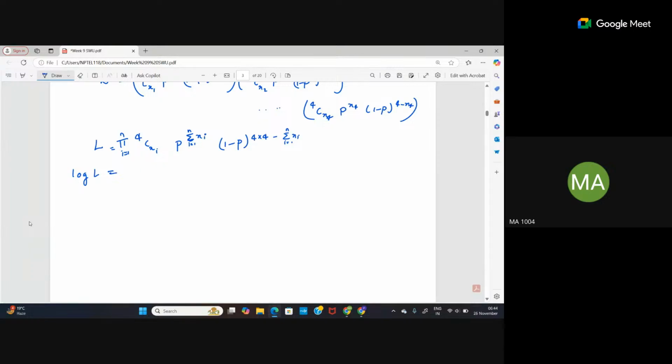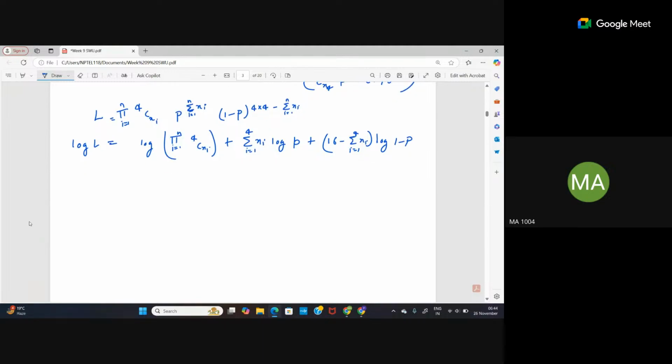So log L will be log of this function, this 4Cxi, plus summation of xi, where i is going from 1 to 4, log p, plus I have put the value of n here, then it will be 16 minus summation of xi, then log of 1 minus p, right?